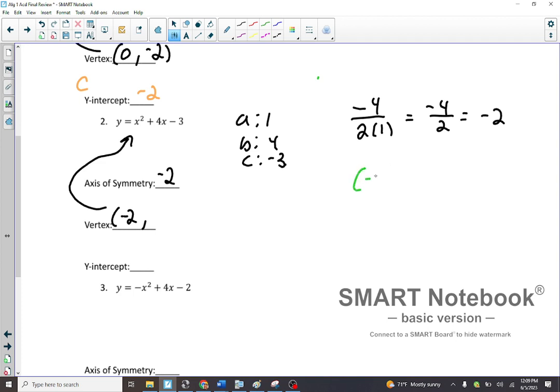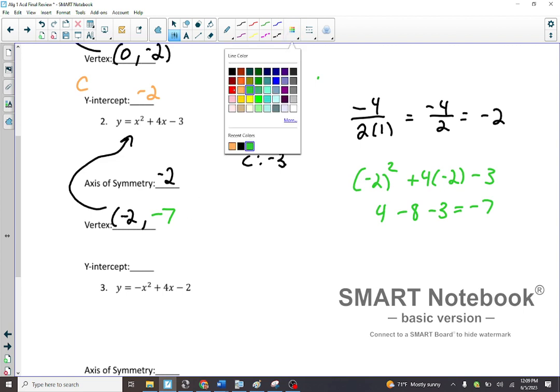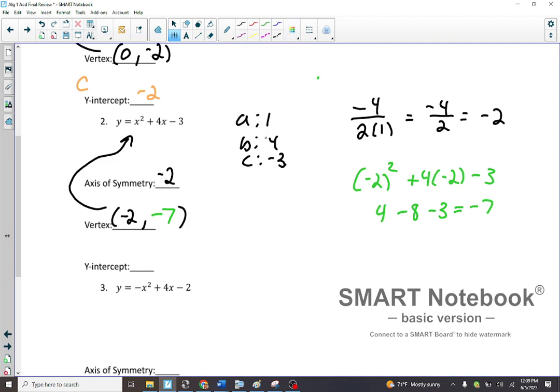So it's going to be negative 2 squared plus 4 times negative 2 minus 3. Negative 2 squared is positive 4 minus 8 minus 3. This is going to be negative 4 minus 3, or negative 7. So it's negative 2, comma, negative 7. Remember, our y-intercept is always the c value. So that's just going to be negative 3.